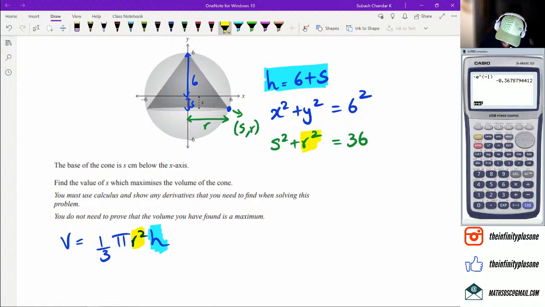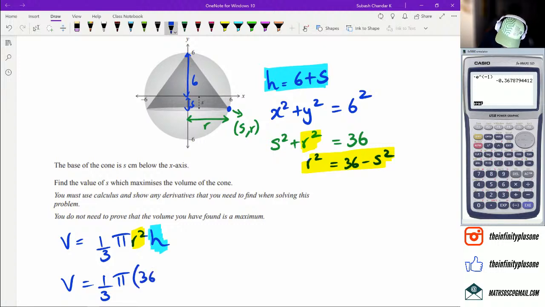Now remember, R squared can be rearranged here so that R squared equals 36 minus S squared. So I'm going to replace R squared with 36 minus S squared. So when I do that, I'm going to get volume equals 1/3 pi times 36 minus S squared multiplied by 6 plus S.